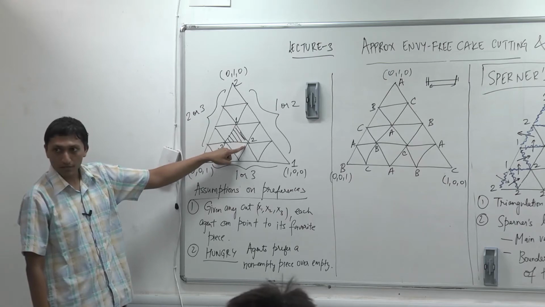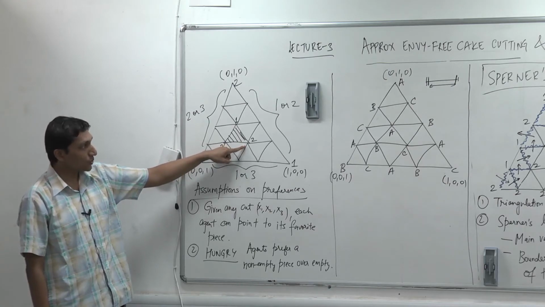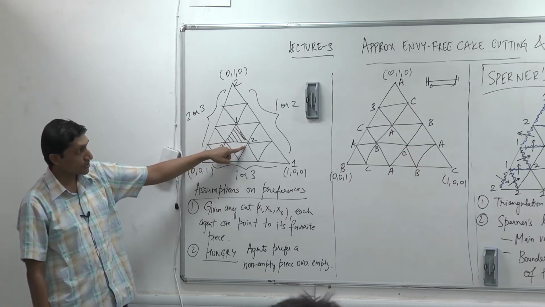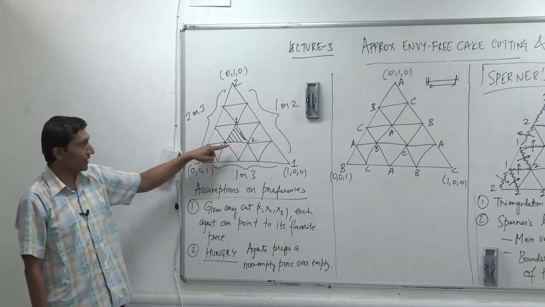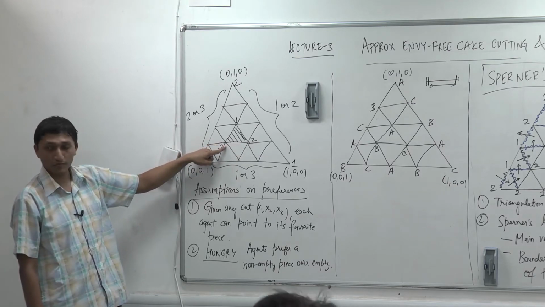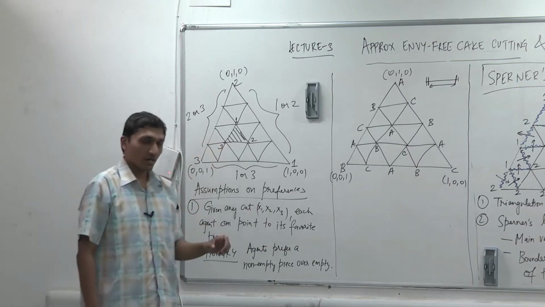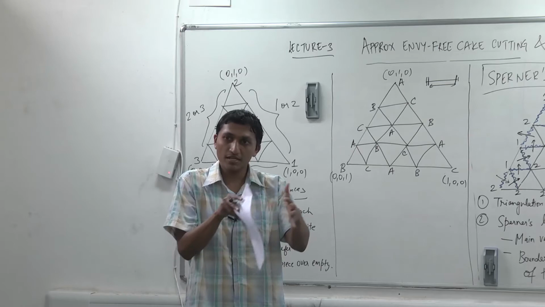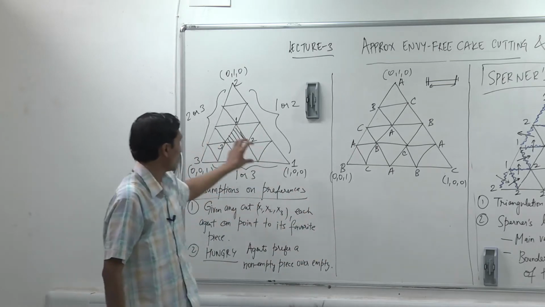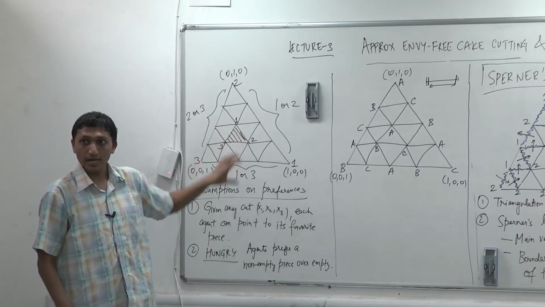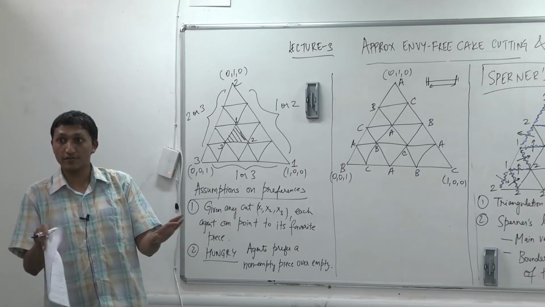At a nearby cut, agent C prefers piece 2, and at another nearby cut, agent B prefers piece 3. So what we have is not a single cut, but 3 sort of nearby cuts, depending on how fine this triangulation is, at which different agents prefer different pieces.